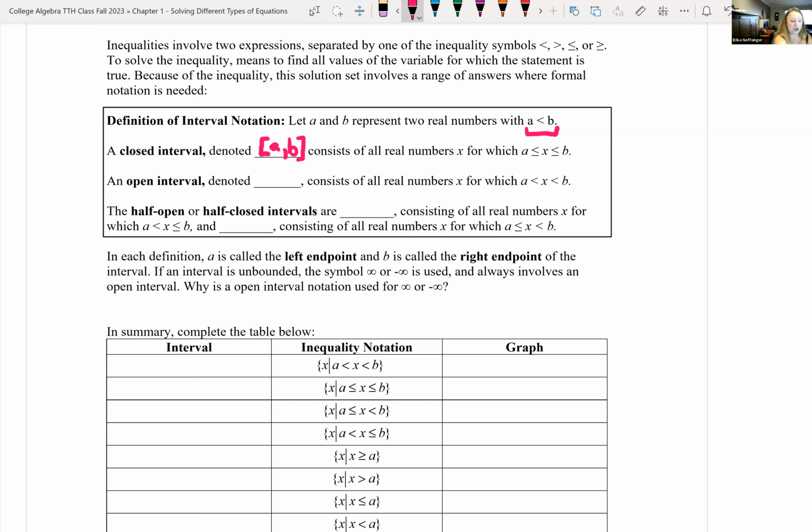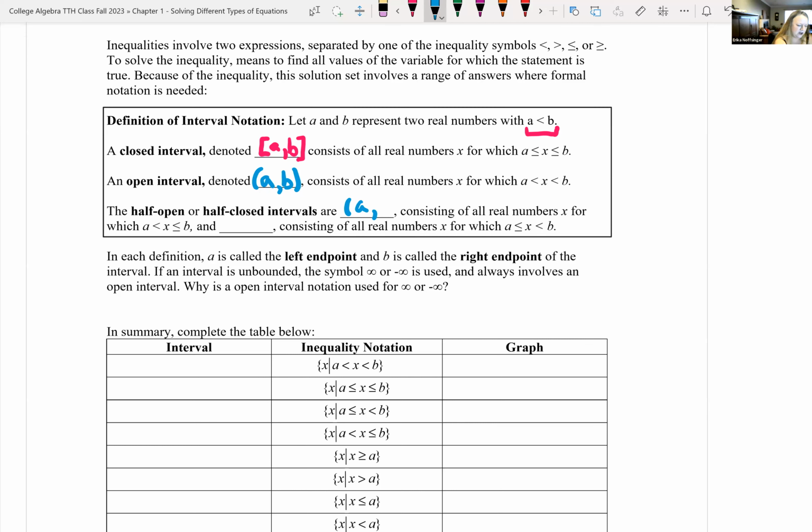If you're given an open interval, we would denote it with parentheses, so A, comma, B, in parentheses. We're saying that this consists of all real numbers X for which A is less than X, which is less than B. Sometimes we might have a half-open or half-closed interval.